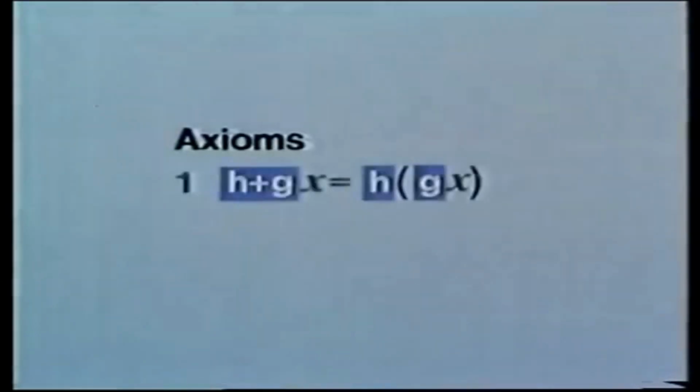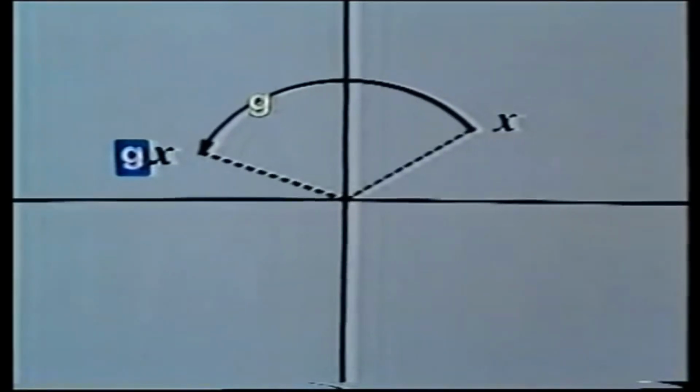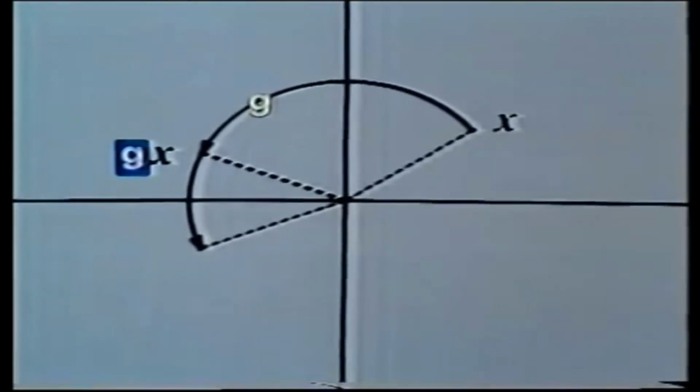Well, what does the first axiom say? Remember, our group operation is plus. So two elements of the group, h and g, added together to act on x should take x to the same point as h acting on gx. Well, how does this work for our example? Another element takes gx to here. This is a further rotation by h radians.